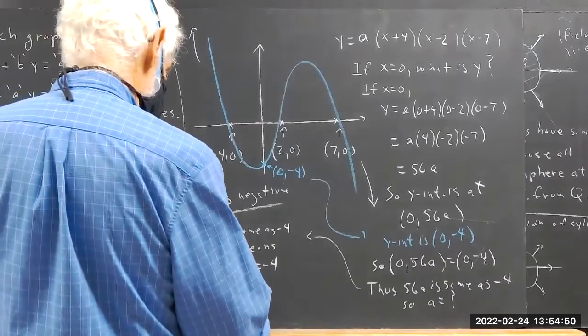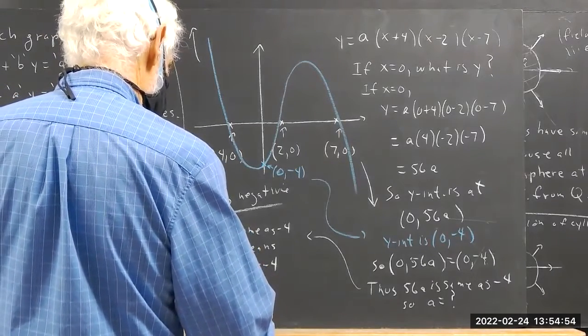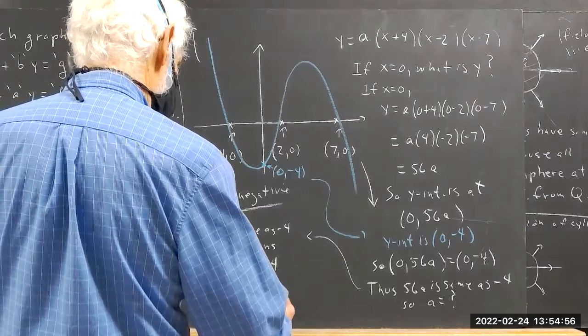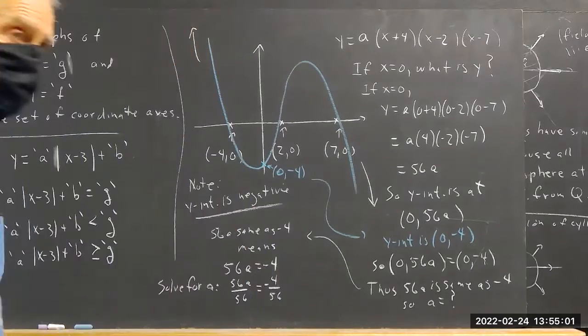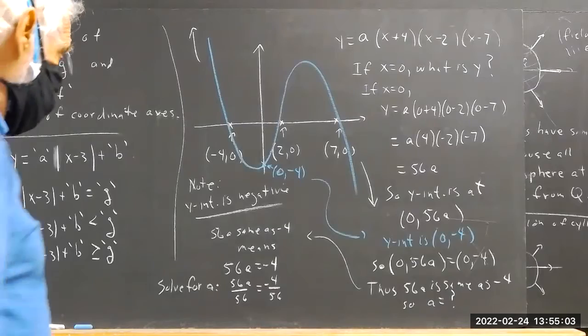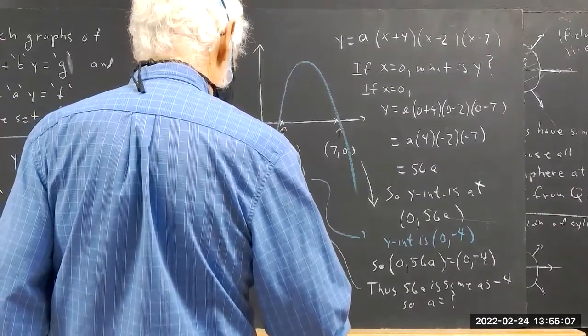Okay, well, you have 56a. You divide that by 56, it's going to leave you a. And that's -4 over 56. And -4 over 56 is -1 over 14.